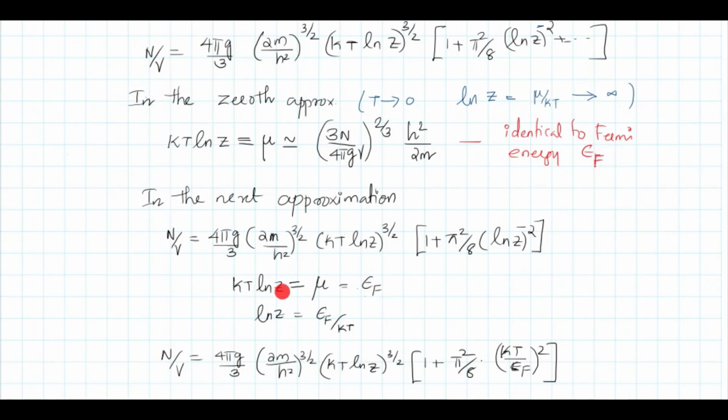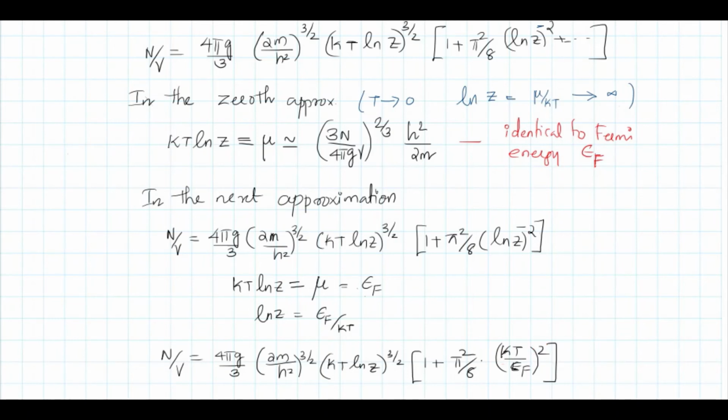So log z you can write as E F by kT. So instead of this log z raised to minus 2, you will have kT by E F whole square, because log z is E F by kT. This is log z raised to minus 2. So this becomes kT by E F whole square.